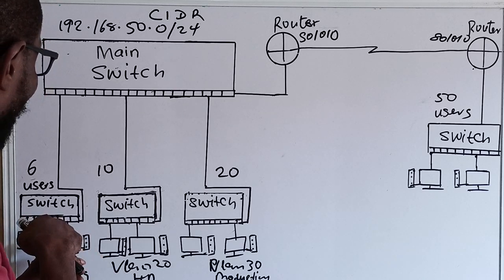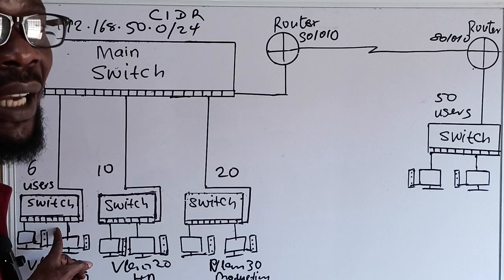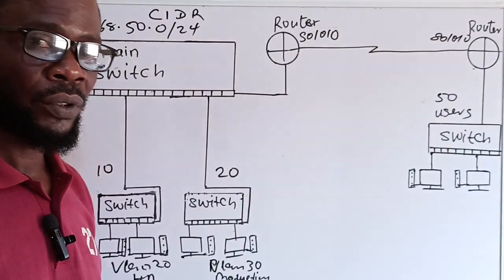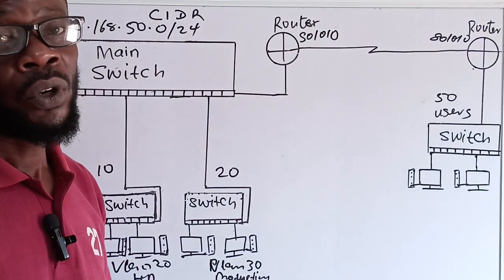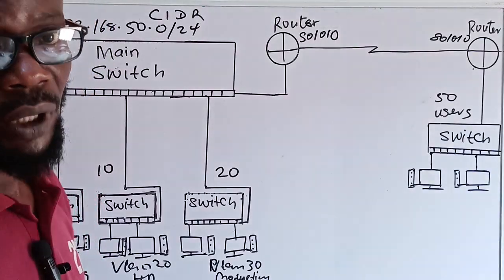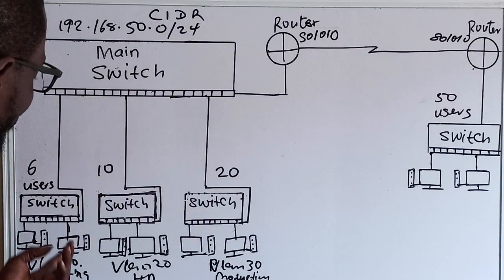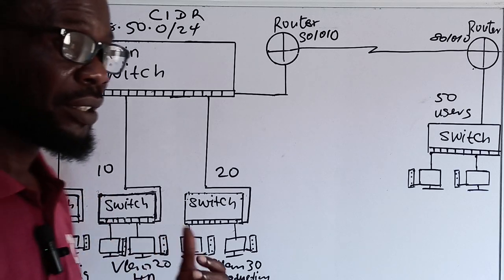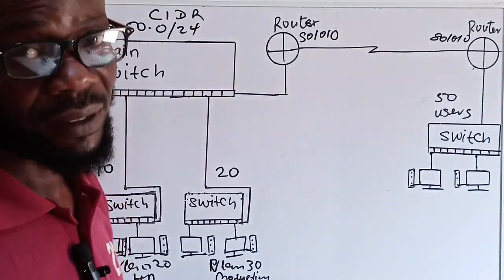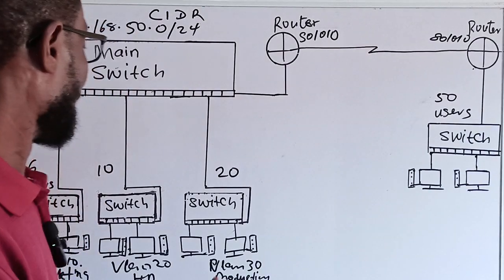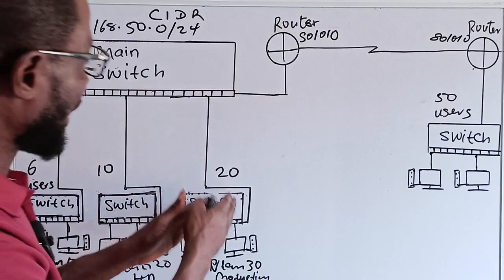So by the time you assign 6 hosts, we still have available IP addresses for future growth. When more users are added here, those IP addresses will be assigned to their systems. So now we have 10 here and we have 20 here.